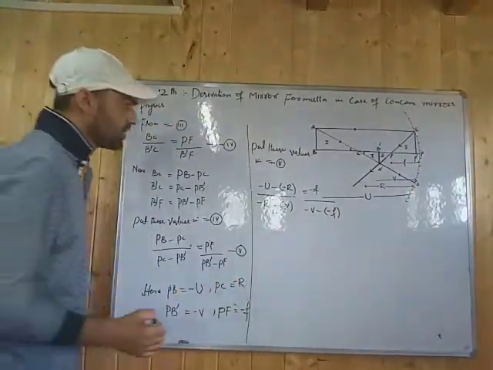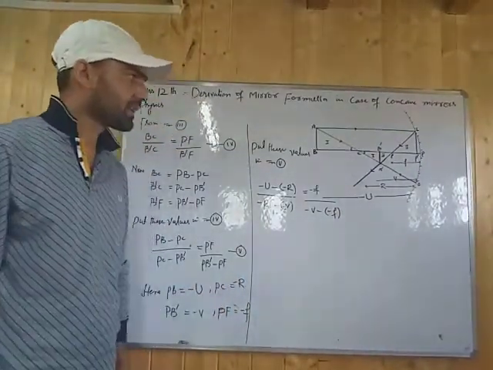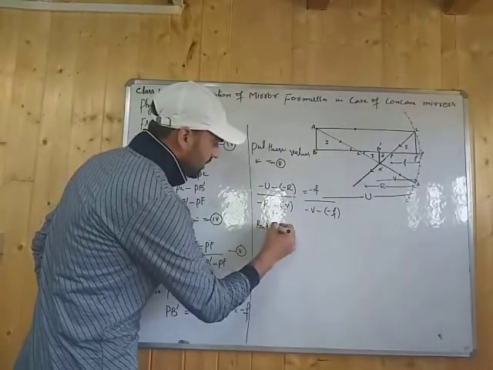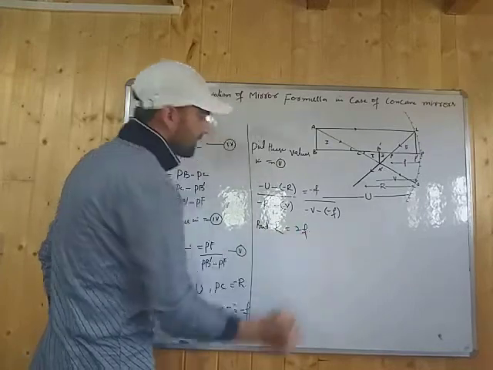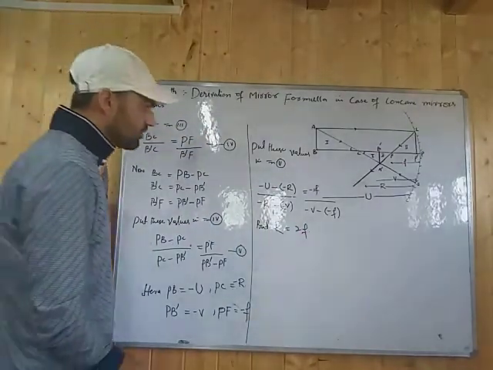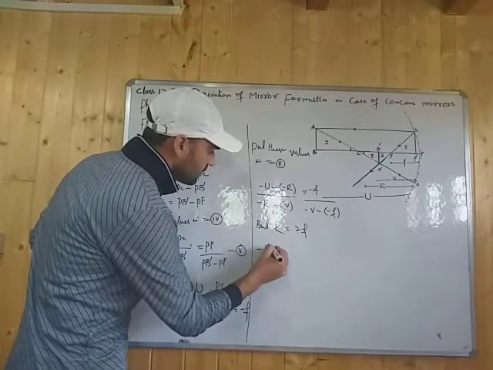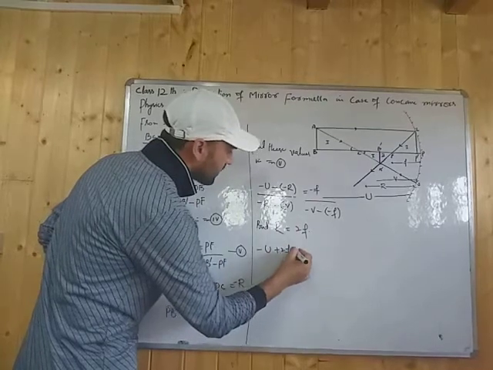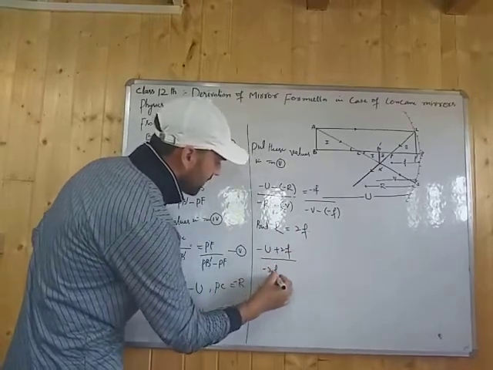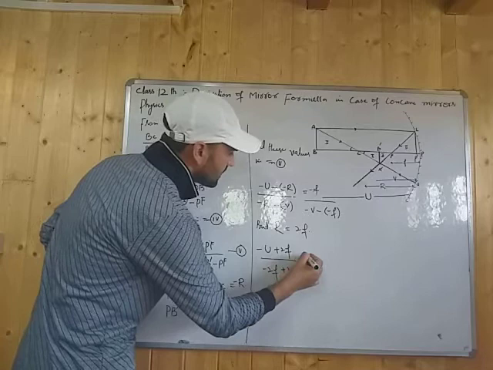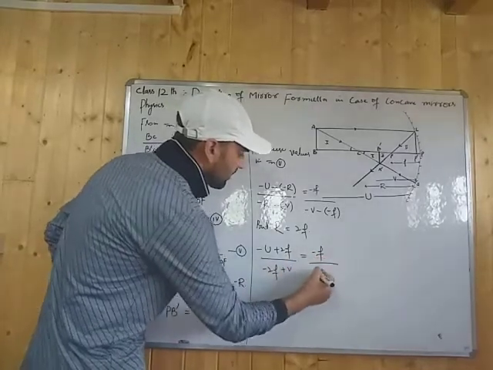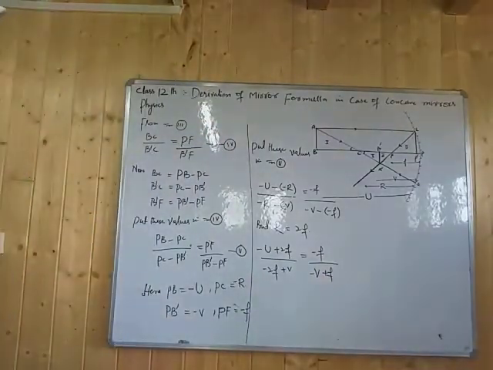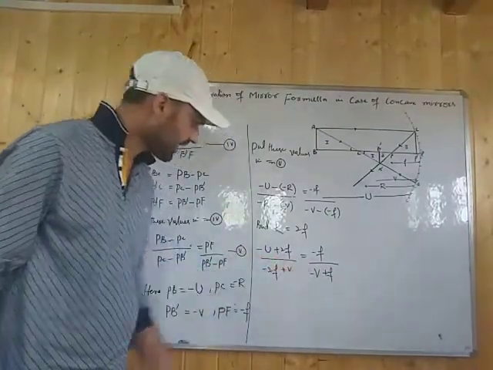But we have already discussed about the radius of curvature, that's twice the focal length. So R is equal to twice F. So we'll write here minus U, so this will be equal to plus twice F divided by minus twice F plus V, is equal to minus F divided by minus V plus F. So we'll cross multiply here.